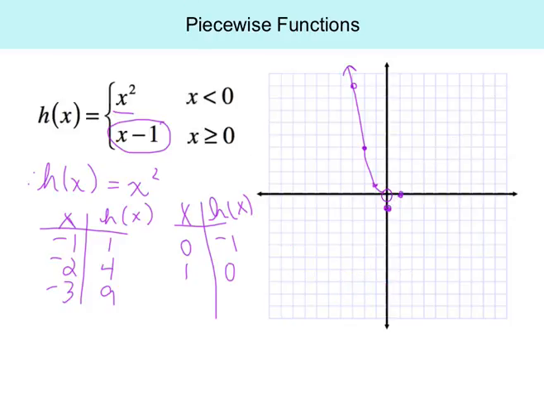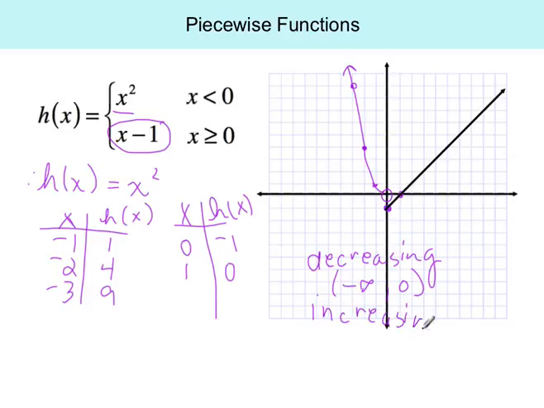Oh, didn't mean to go back that far. There's my line. Okay, so it is decreasing from negative infinity to 0, and it is increasing from 0 to positive infinity. Notice it is not constant anywhere on this graph.